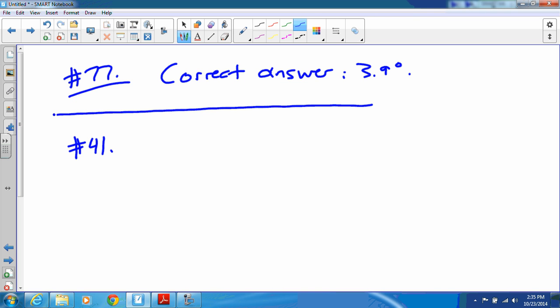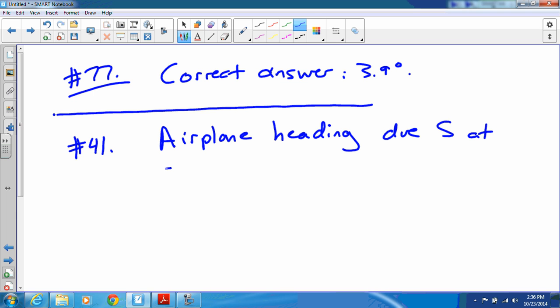I want to take a look at problem number 41. In the other class, we messed this one up a little bit, so I want to take special care with it. We have an airplane that is heading due south at a speed of 600 kilometers per hour. Now that airplane is going to experience a wind.